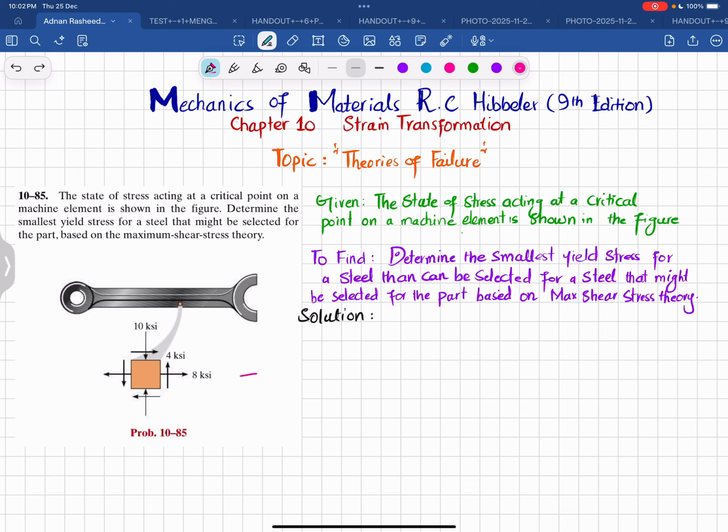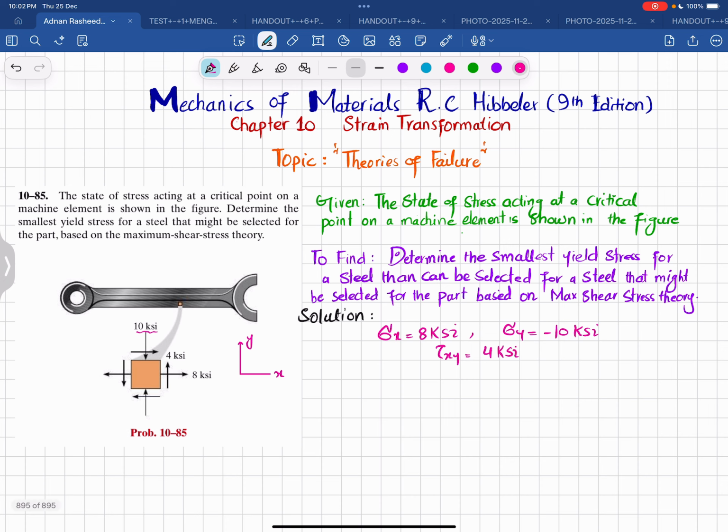Now, let this be your x-axis and this be your y-axis. Based on this axis and the given state of stress, we know that sigma x is 8 ksi in the x direction, while sigma y in the y direction is 10 ksi, that is compressive, so we will take minus 10 ksi, and the shear stress tau xy is plus 4 ksi.